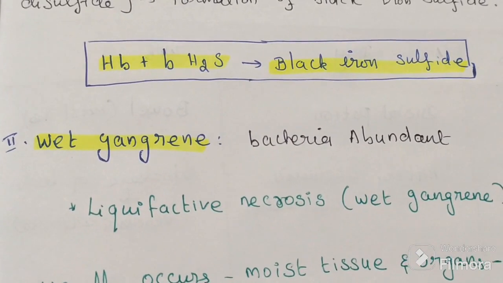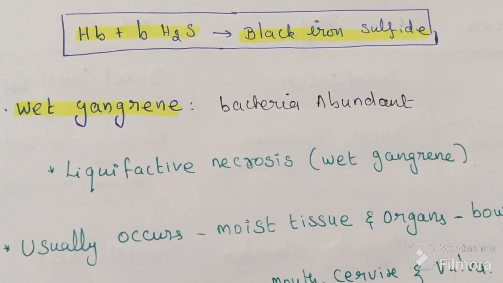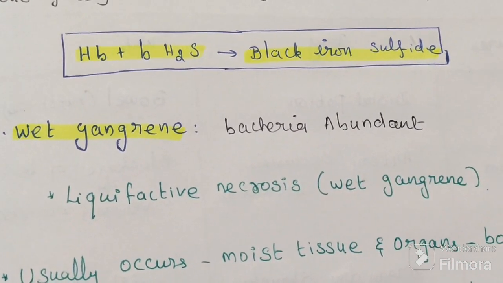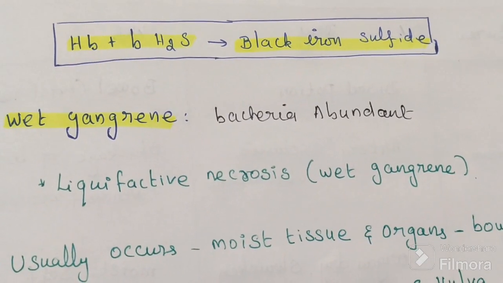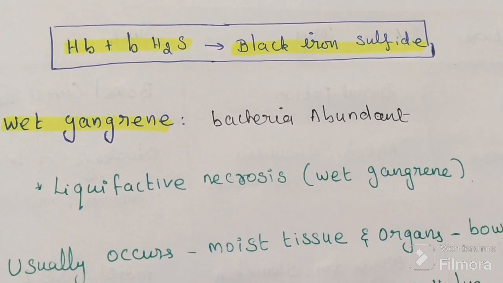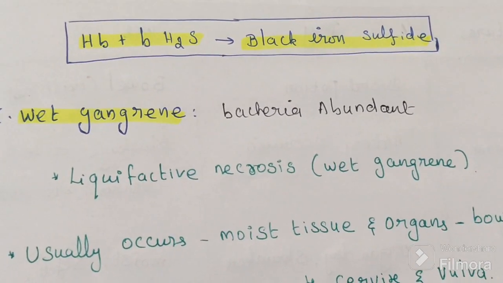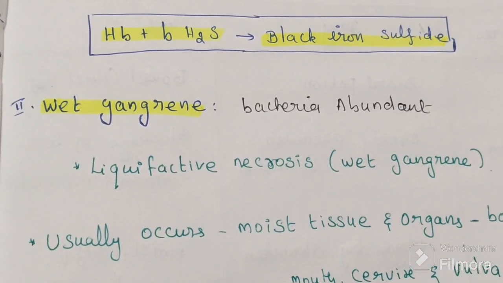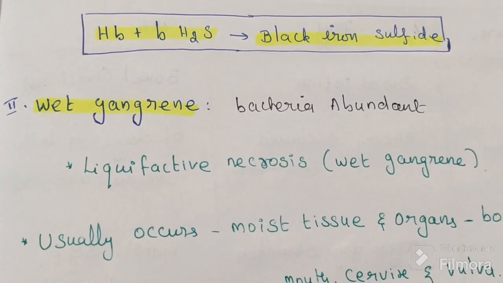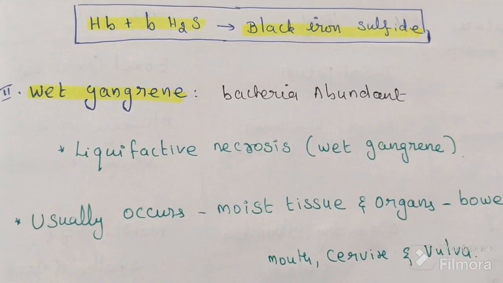The second type of gangrene is wet gangrene. Here an abundant number of bacteria is present, not few, abundant. Bacteria superimpose everywhere in the dead tissue, so it is liquefactive necrosis. That is why it is known as wet gangrene.